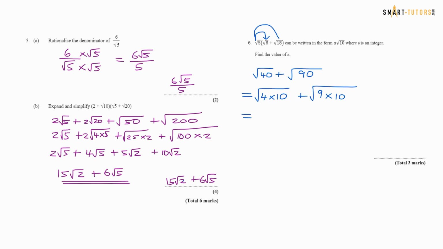So the square root of 4 comes outside as 2, so 2 root 10, and the square root of 9 is 3 root 10. If I add them together, 5 root 10. So that is the answer, 5 root 10. And find the value of a, so that is not my answer. So a root 10, so a equals 5. That is the answer.